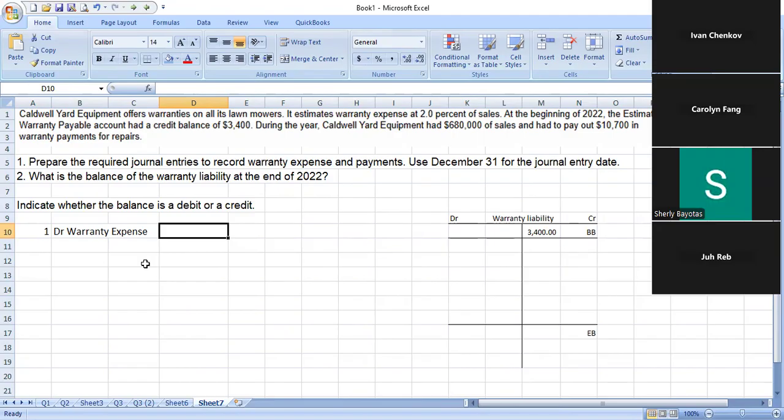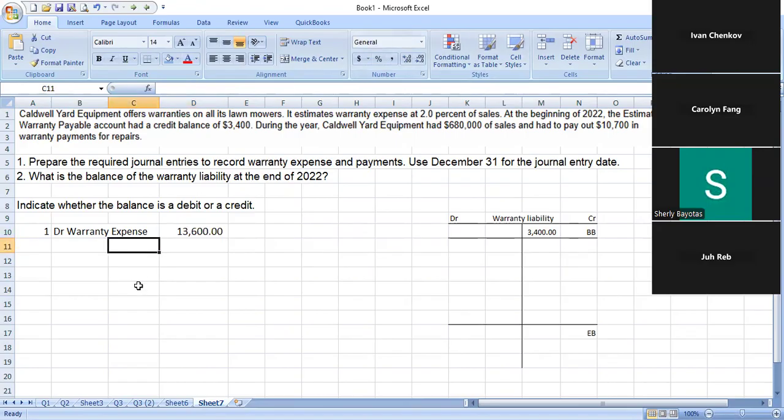But in this question, we're going to ignore that and go with our estimate. Warranty expense will be 680,000 times 2%, which is 0.02, right? That should give me 2%. So my amount will be $13,600.